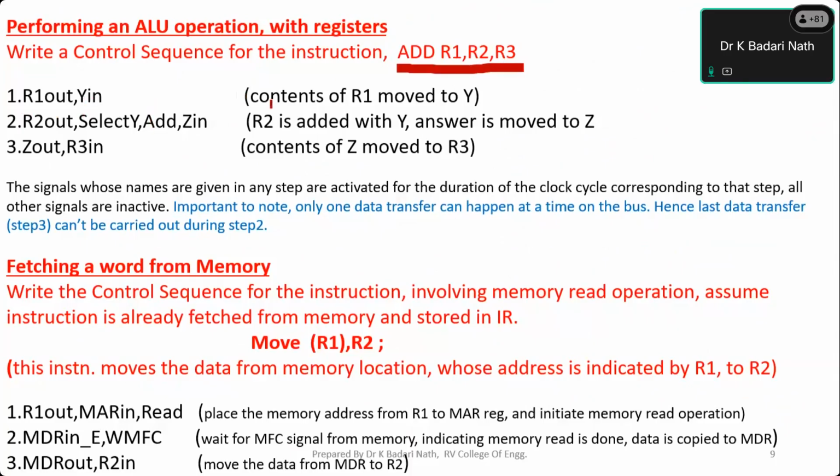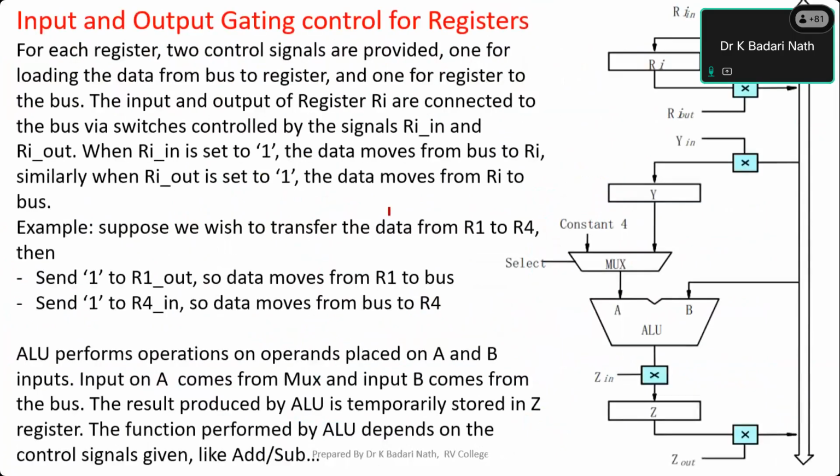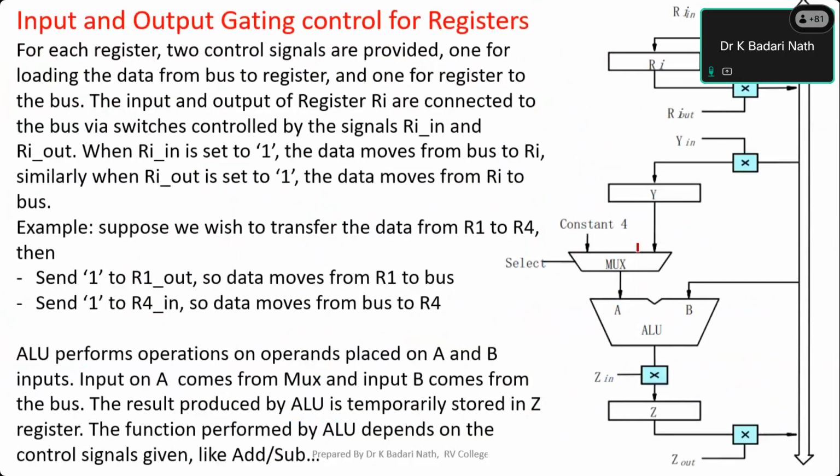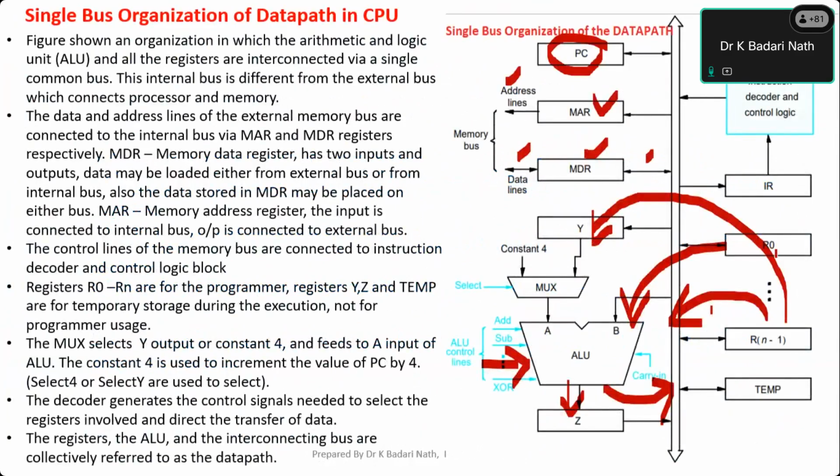Let's go to the diagram and explain. The instruction is add R1, R2, R3. Now look at this diagram here. The contents of R1 have to be added to R2 and the answer has to be placed into the R3 register.